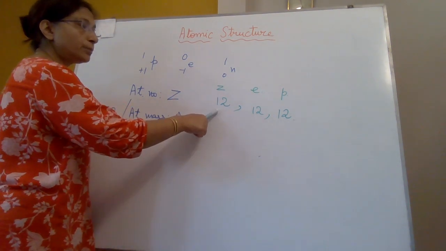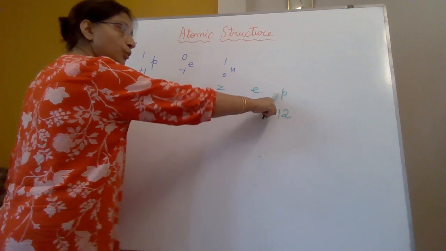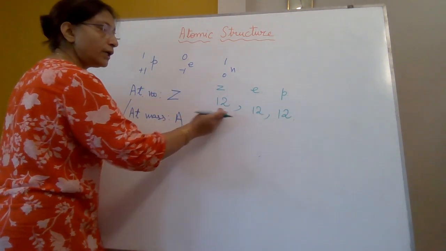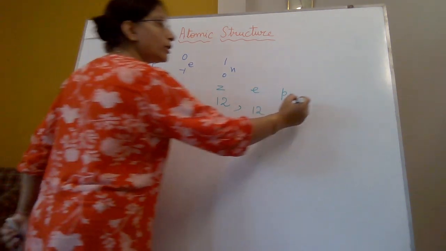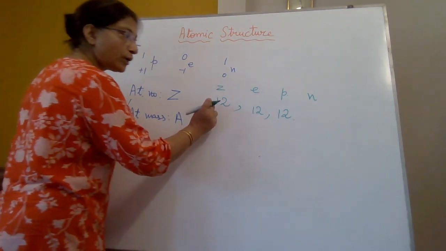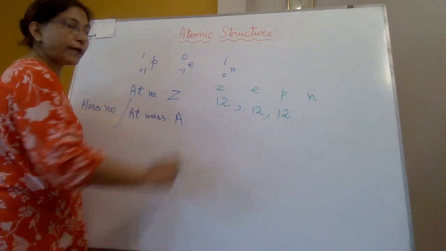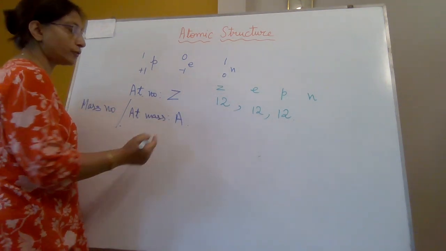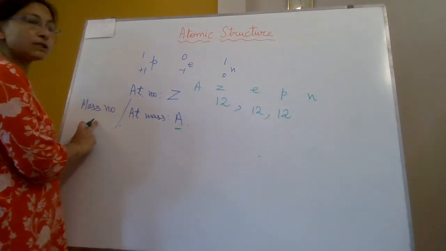So if the atomic number is 12, electrons are 12 and protons are also 12, then we have the basic two subatomic particles. Now, can we identify neutrons by only this given information? No. For that, we need one extra piece of information, that is, how much is the mass number.